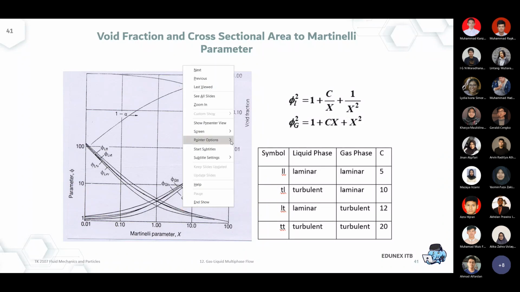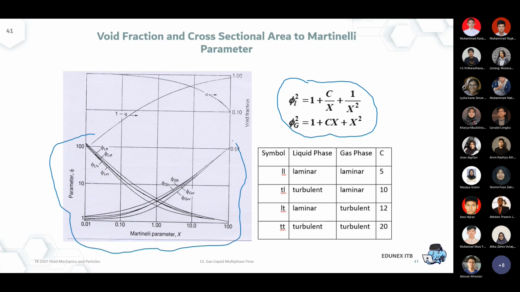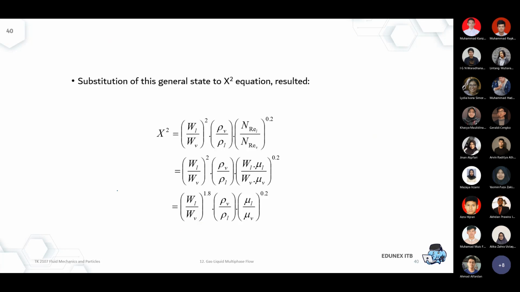See the relationship that is shown in the equation as well as in the graph. This is to link: previously we already know the x square.